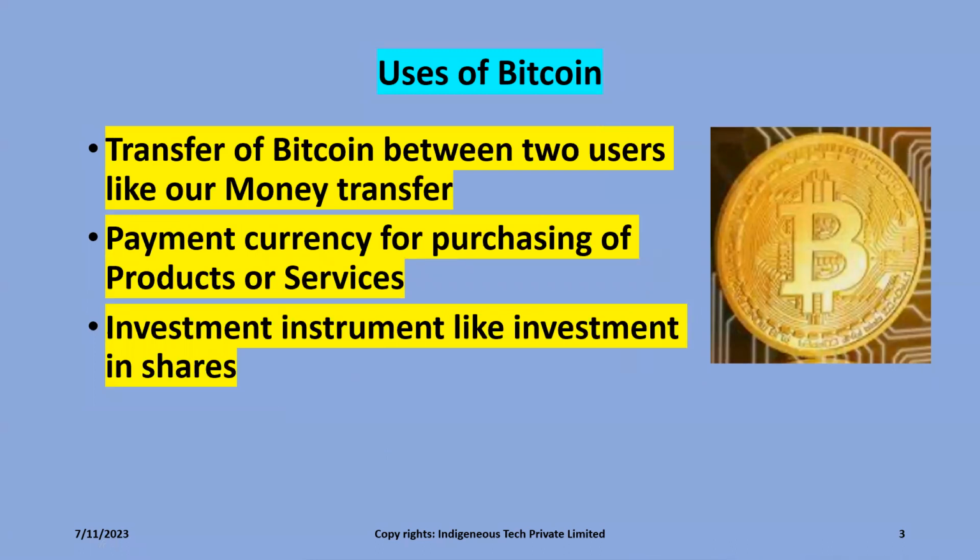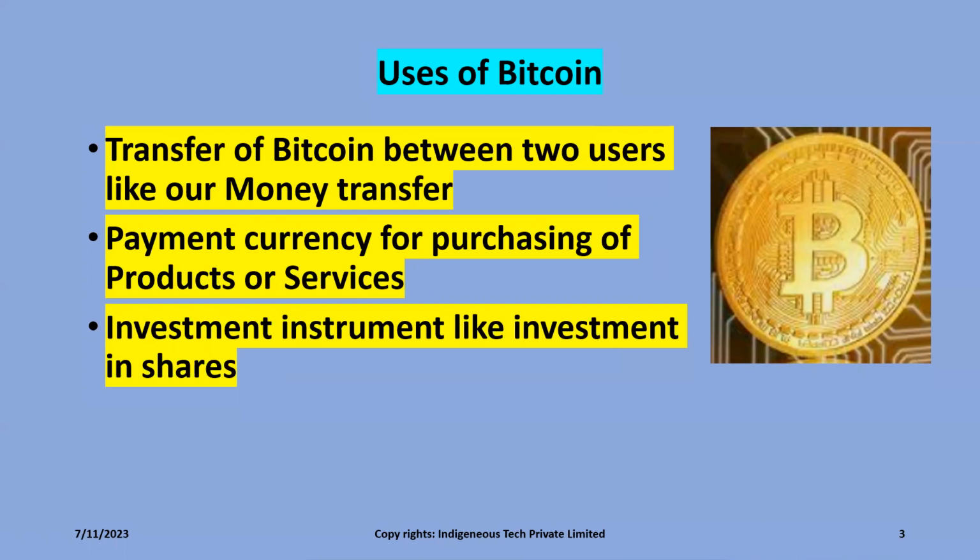So this Bitcoin can be transferred between two users, like we transfer money from one bank account to another bank account. Nowadays we use UPI, where with one UPI app you can transfer money to somebody else. Similarly, Bitcoins can be transferred from one user to another user. Both the users need to have a wallet. We call it a Bitcoin wallet. It is software which we need to install on our laptop or mobile or any other device.